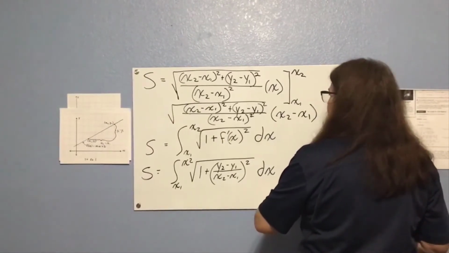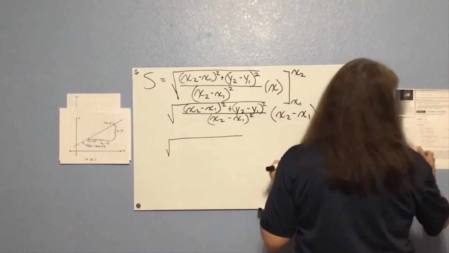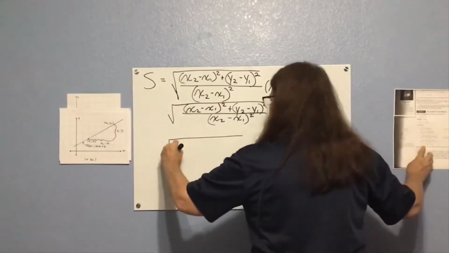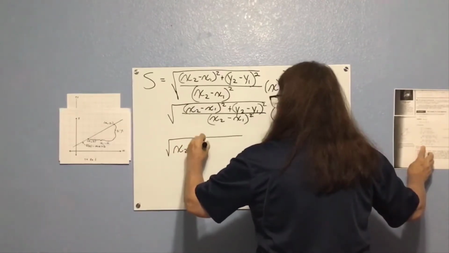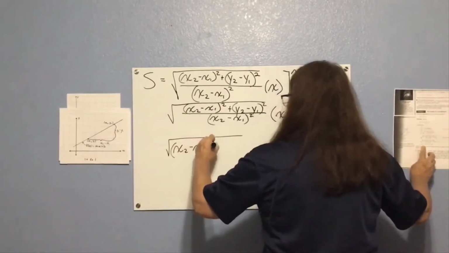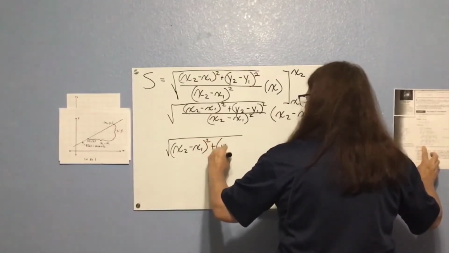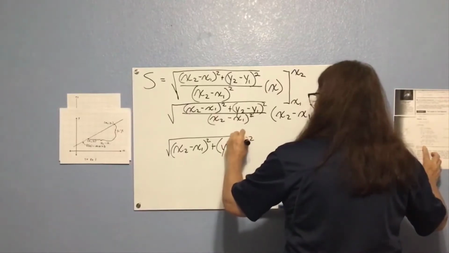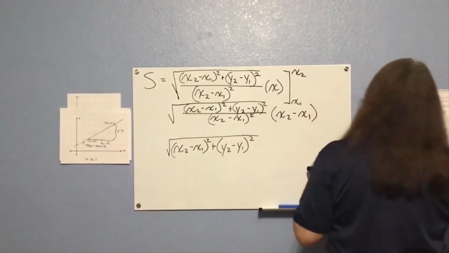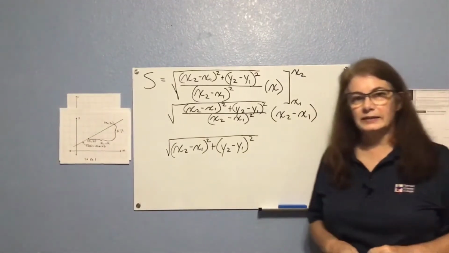Okay, one more step of simplification. We get the square root of x2 minus x1 squared plus y2 minus y1 squared, which you all should recognize as the distance formula.